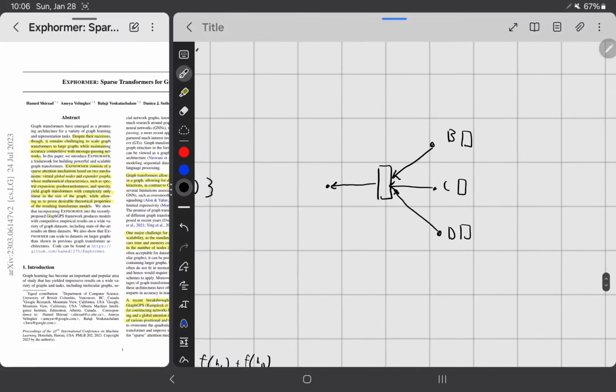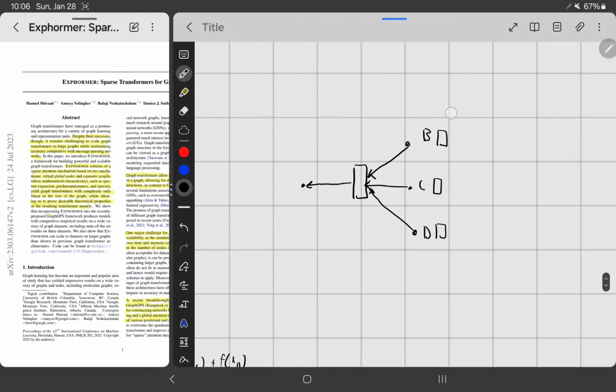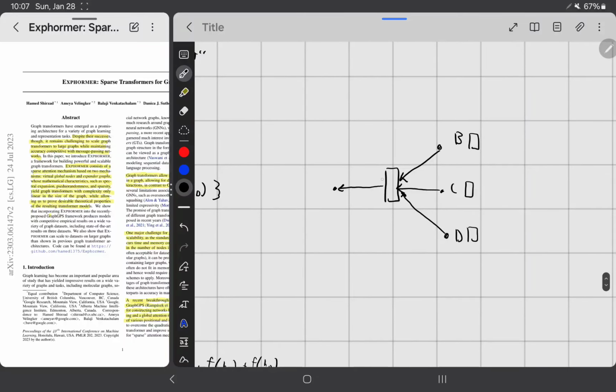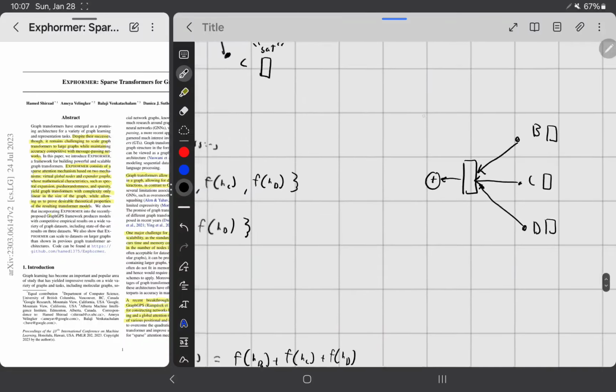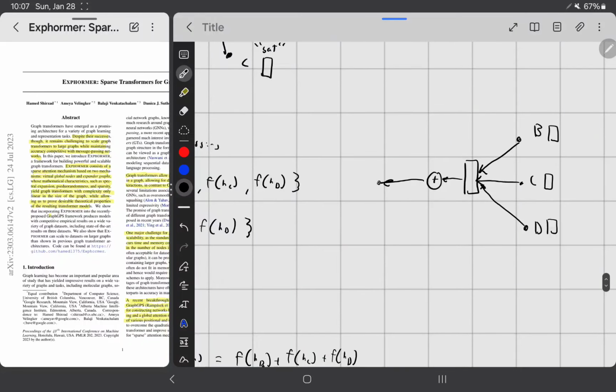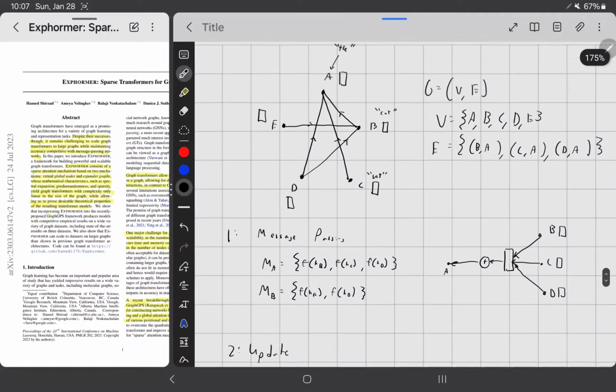So basically, all that is happening is each node sends their vector. The vector is transformed, and then all these vectors are summed up after the transformation, and then that's sent to A, and you get your updated vector for A. And this is all the message passing neural network does.